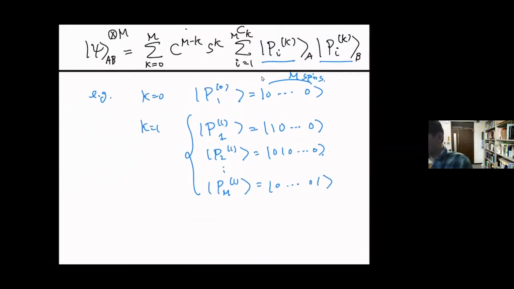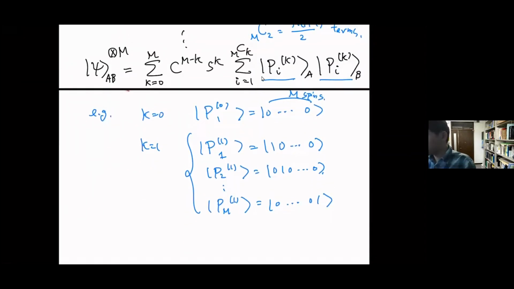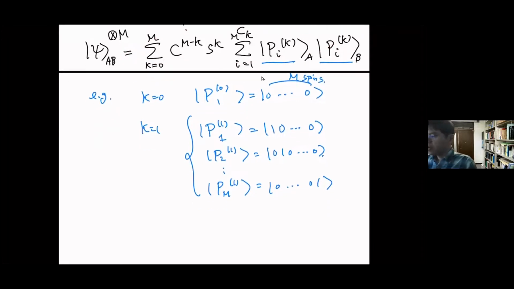Anyway, we want to work with this state. What we would like to do is the following. We imagine we make a projection, like the LO part of LOCC, so that we extract a particular state.